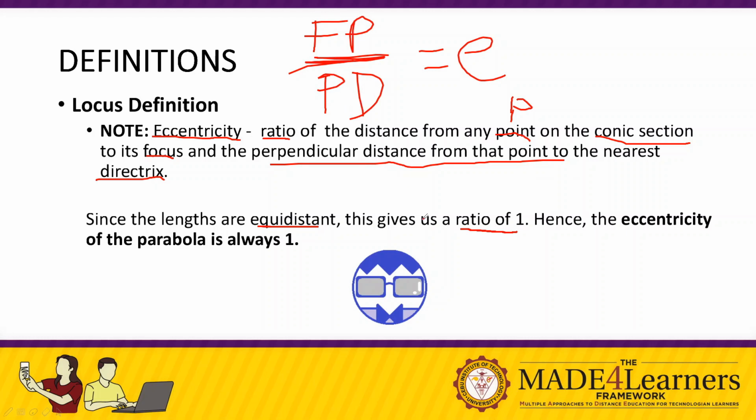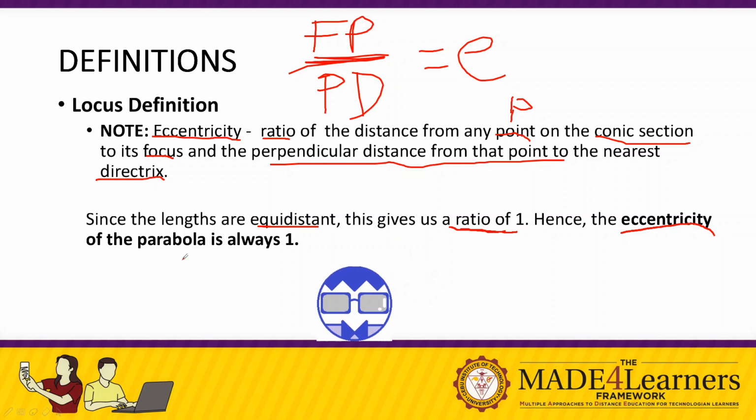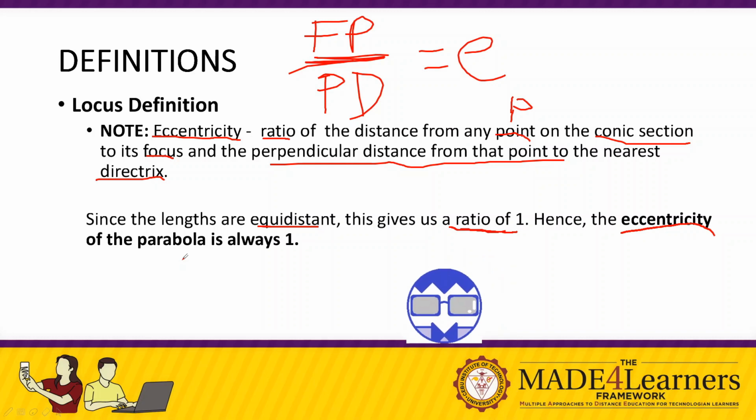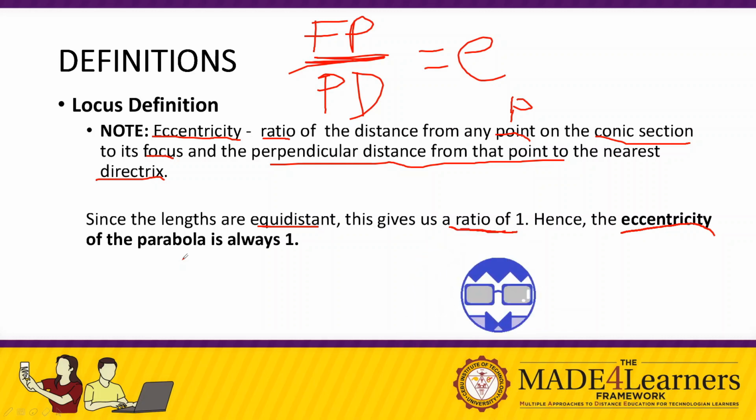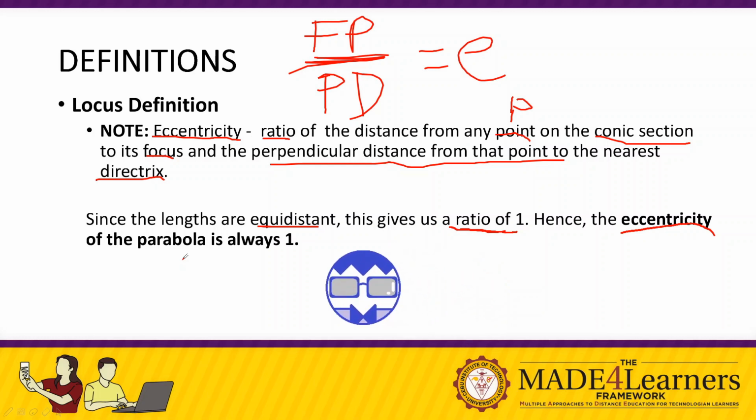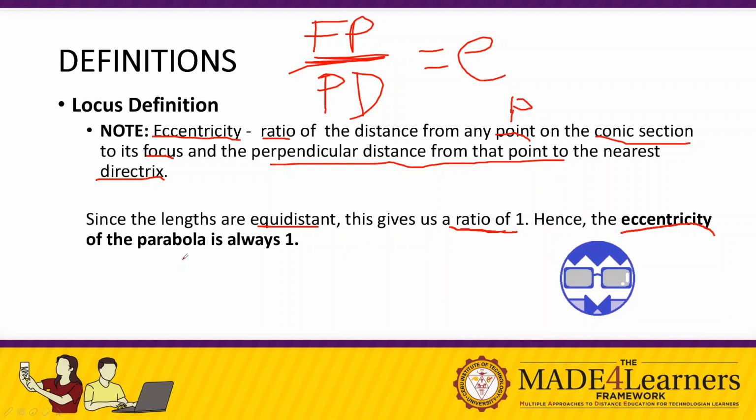So 2 divided by 2, the ratio is 1. Hence, we must remember that the eccentricity of the parabola is always 1. No matter how you define the distance from the focus to the point on the parabola, the eccentricity will always be 1 because FP and PD are equidistant.